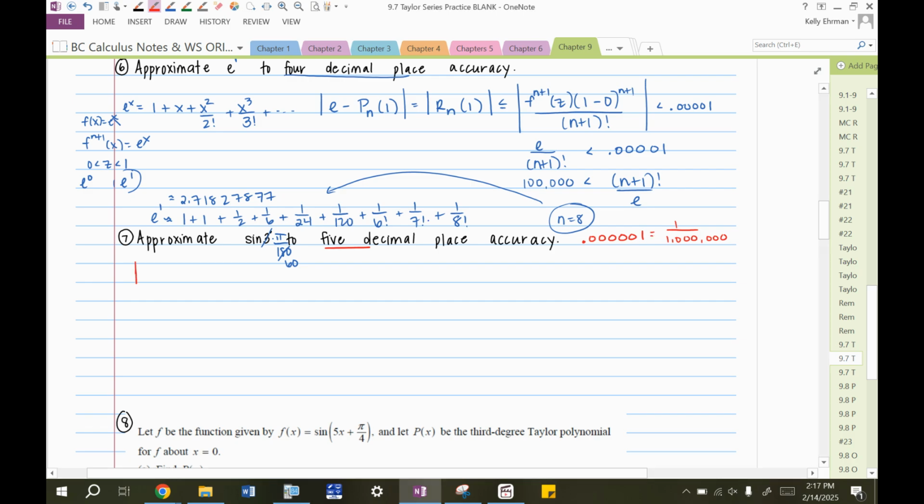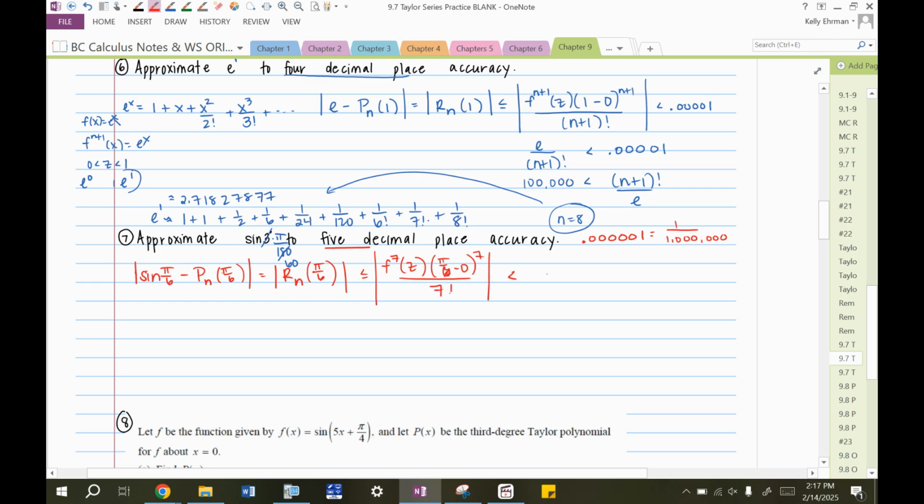Anyway, approximate sine of pi over 6. Use some sort of Taylor polynomial to approximate it. That gives us a remainder when we plug in pi over 6 that's less than or equal to the 7th derivative, max value at z, times pi over 6 minus 0 to the 7th over 7 factorial.